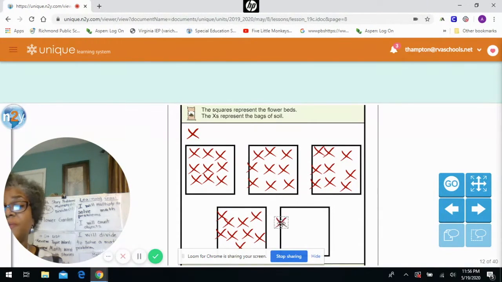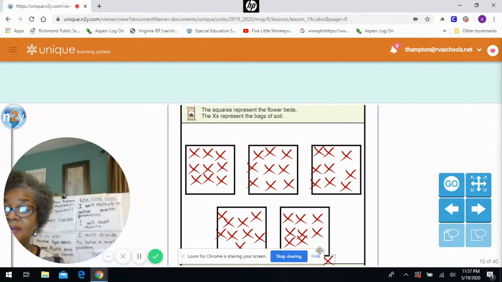Let's do this one. 1, 2, 3, 4, 5, 6, 7, 8, and 9. We're all out of bags of soil. So that means that we've put 9 bags in each flower bed, like they said.